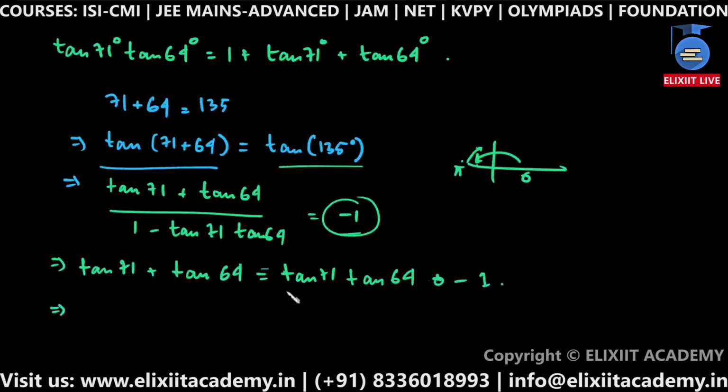Now you simply simplify this. Tan 71 into tan 64 is equal to 1 plus tan 71 plus tan 64. That's what we were asked to prove.